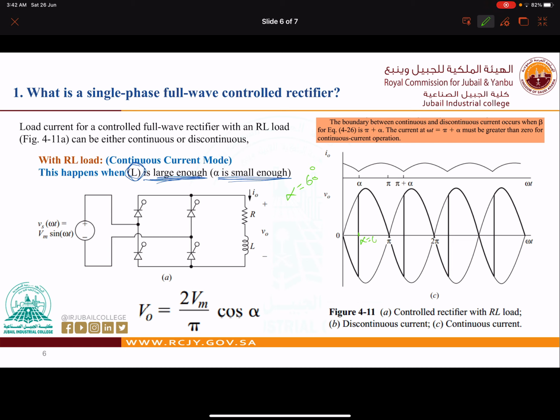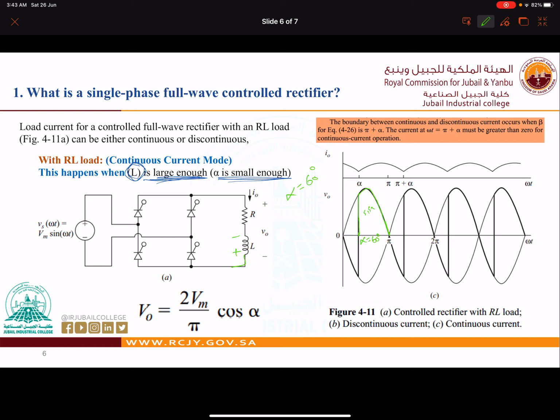At 60 degree, the thyristors S1, S2 will conduct, right? Up to here, right? And after that, in the negative cycle, of course, the inductive load here will be like a source, right? So it will discharge. The polarity is going to change and it will discharge.